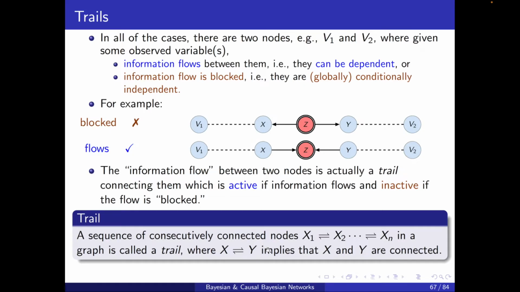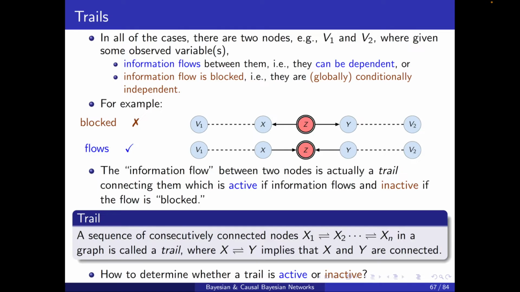The direction doesn't matter. So here from v1 to v2, it didn't matter whether the link direction is in this way or the other way or in any way. So for a trail, the directions don't matter. Now, we saw how we're linking our intuition about information flow to whether the variables of interest are independent or not.